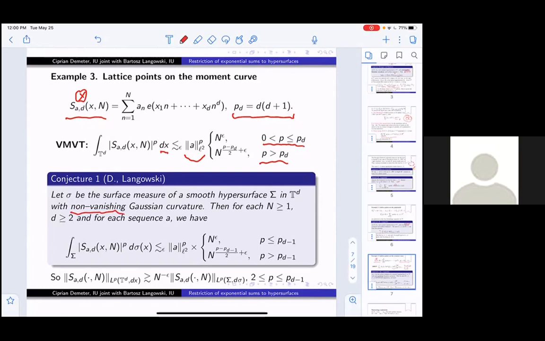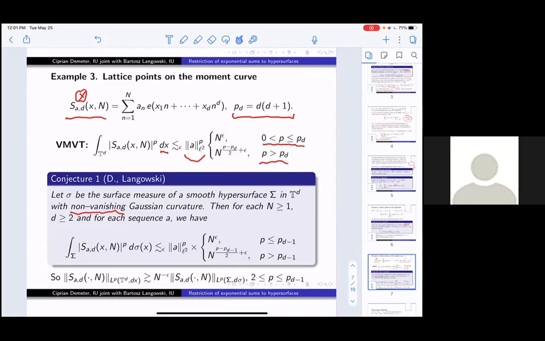And the elliptic paraboloid that I had on the slides earlier, that has all the principal curvatures positive, but you could have hyperbolic paraboloids such as z equals x squared minus y squared in 3 dimensions. And those guys have one positive and one negative principal curvature, so they would still fall under the scope of this conjecture.